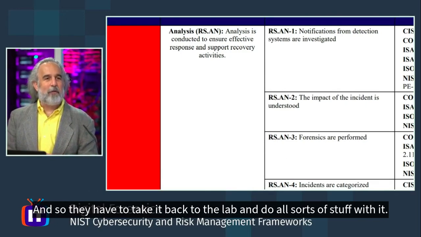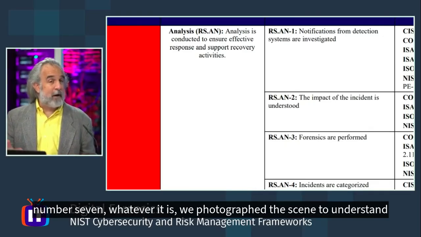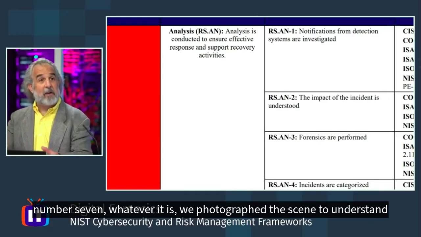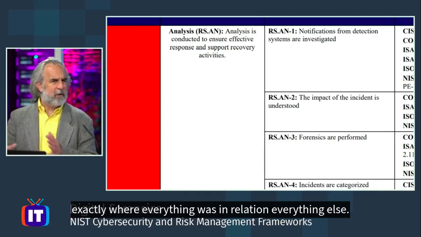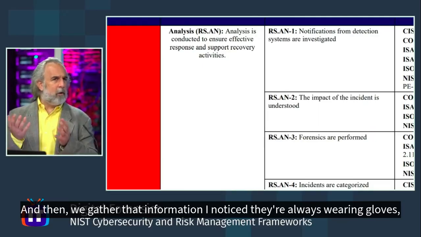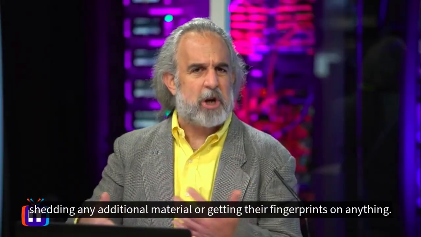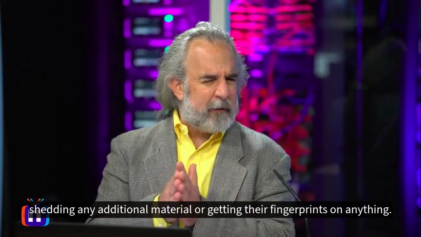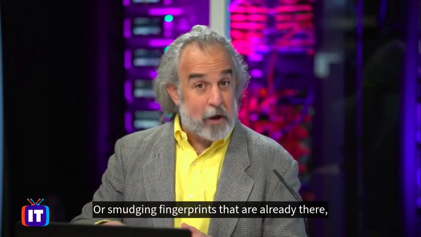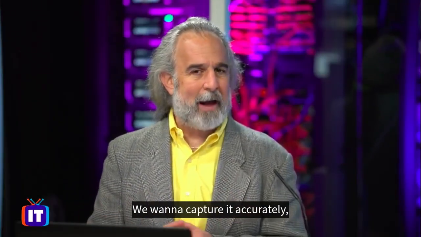Everything is given a number uniquely identifying it, and we photograph the scene to understand where everything was in relation to everything else. Then we gather that information. Notice they're always wearing gloves, and might have protectors on their shoes, to prevent shedding additional material or smudging fingerprints already there, because we don't want to wreck any of that evidence. We want to capture it accurately.